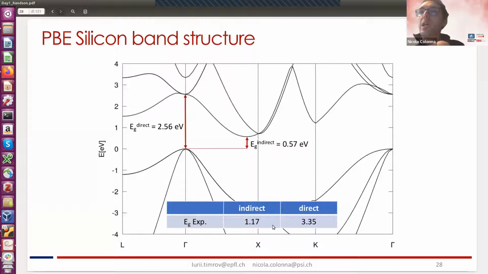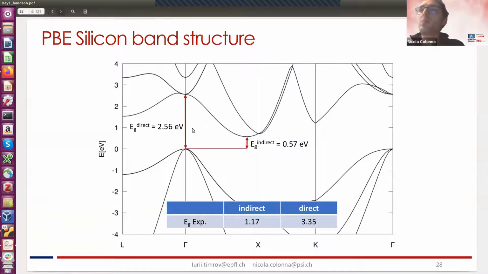But if you compare with experiment, this is not very good. In particular, the indirect band gap is 1.17 electron volt, so PBE greatly underestimates it, and the same is true for the direct band gap. There is also almost 1 electron volt difference. And this is the well-known band gap problem of DFT.